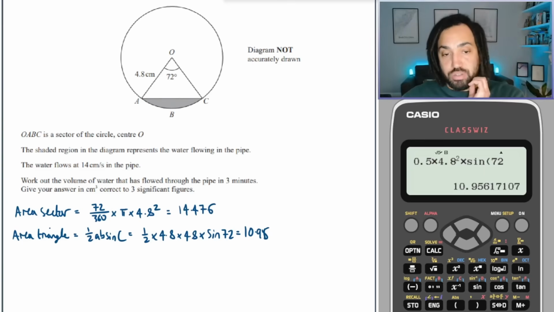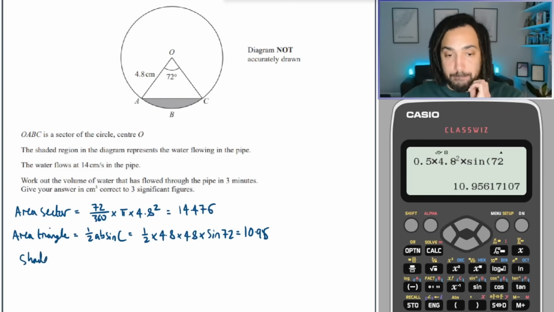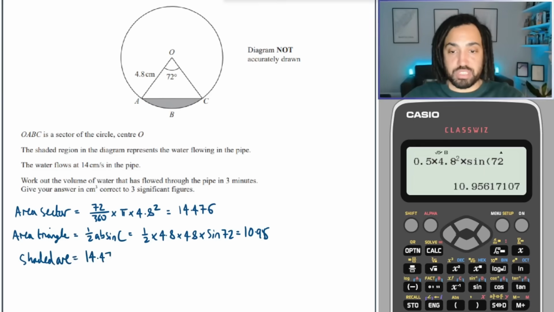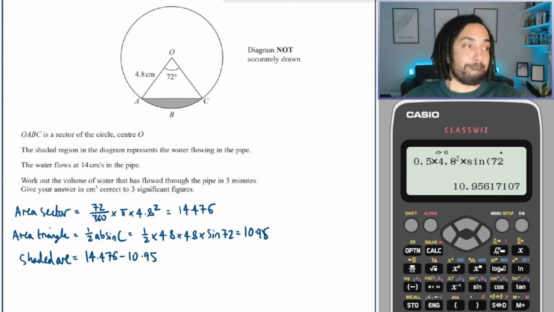Okay, great. So the shaded area is equal to 14.476 minus the 10.956.